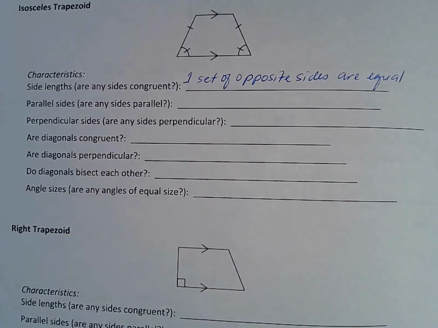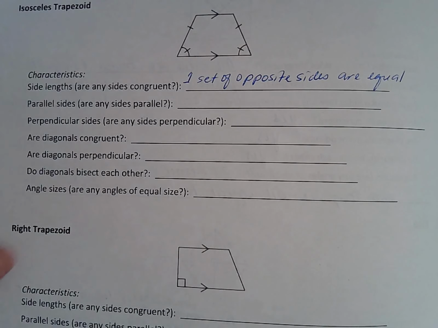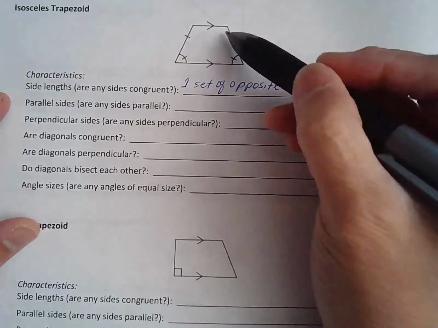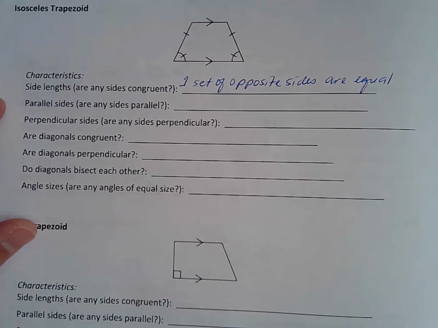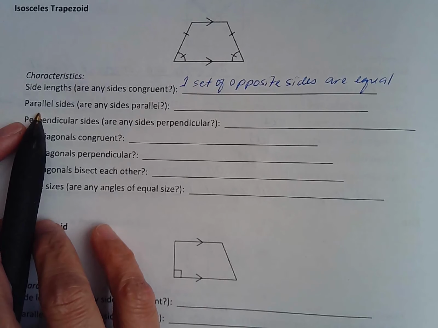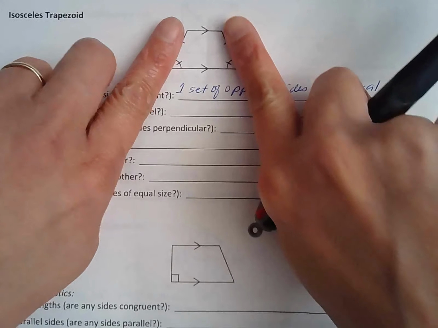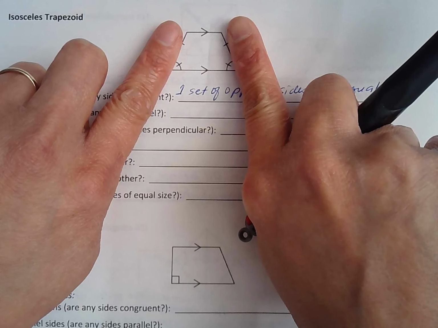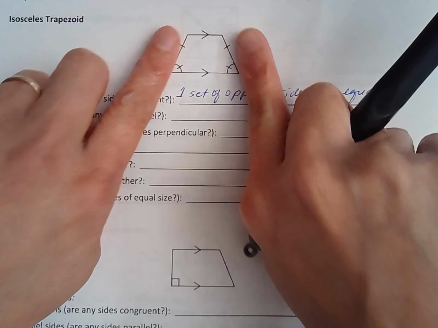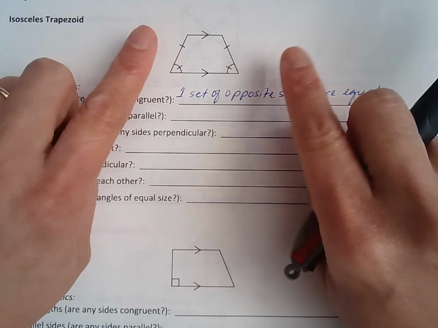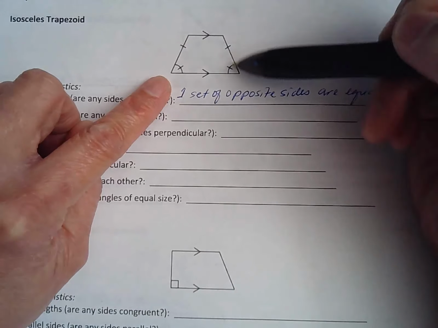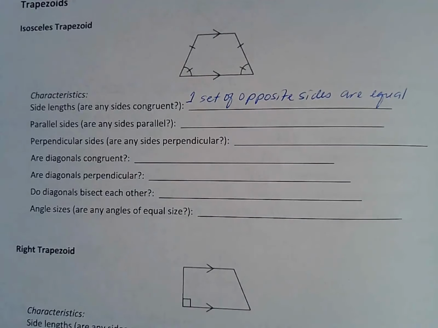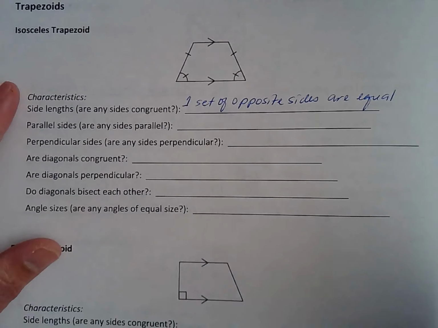Those are the only two sides that are equal. Now, they're equal, but are they parallel? No, because they're not going in the same direction. They're kind of tapering in.